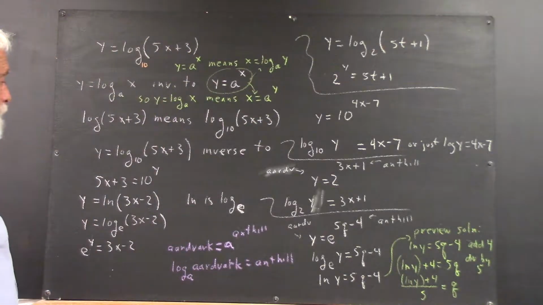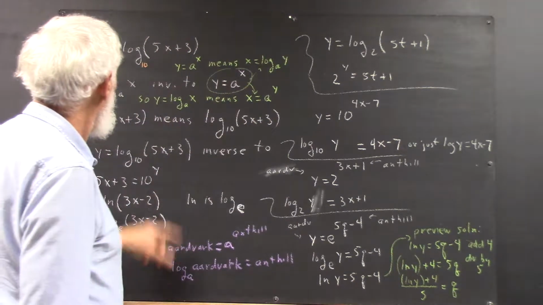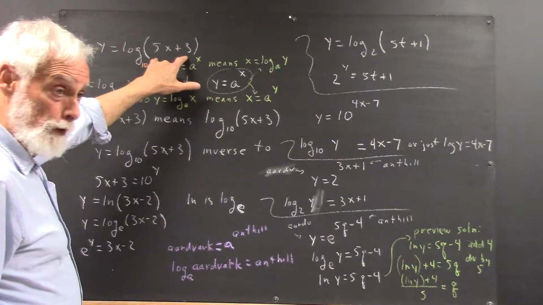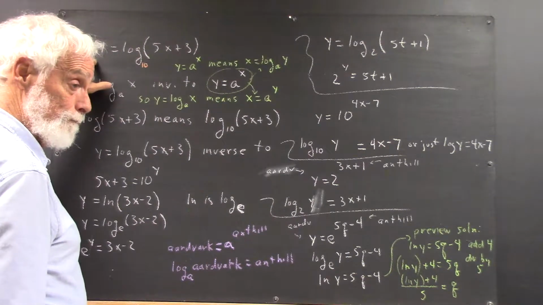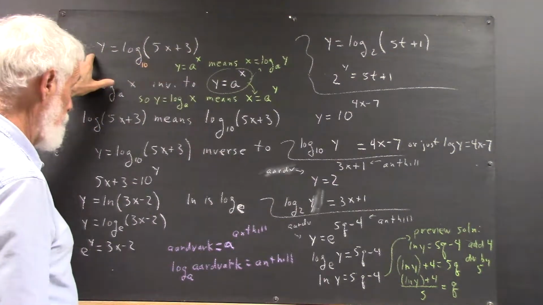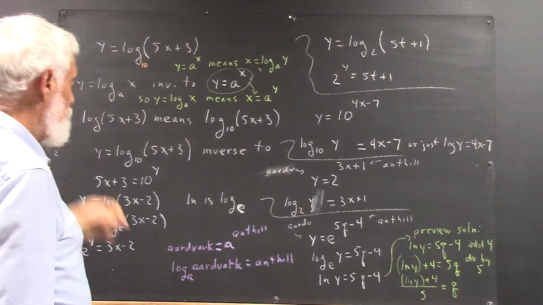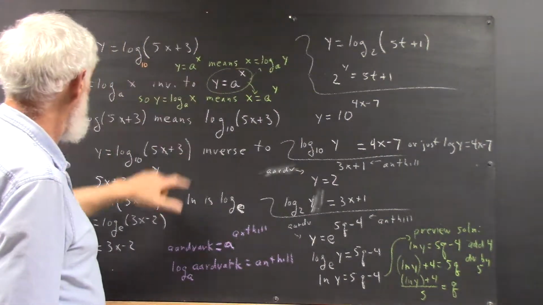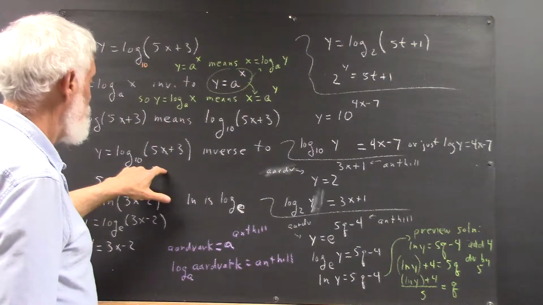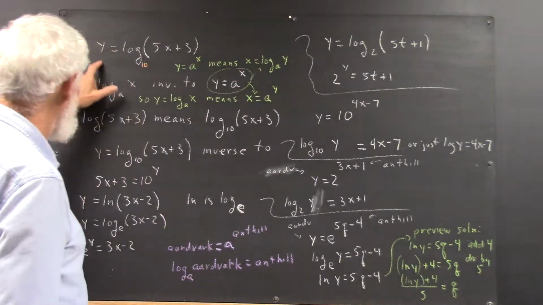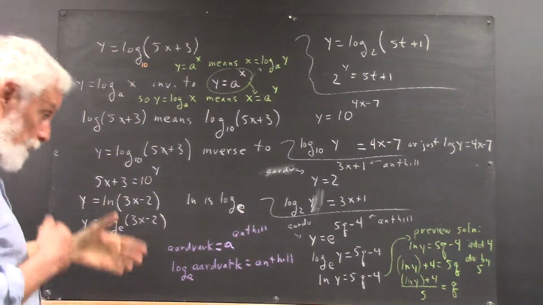Or if you wish, you have log base a of this aardvark here, equals anthill. So here's aardvark, here's anthill. And what that means is that aardvark, which is 5x plus 3, is going to equal 10 raised to the anthill being y.